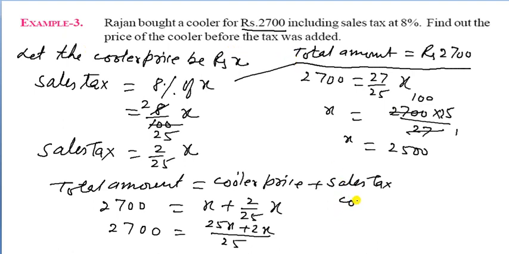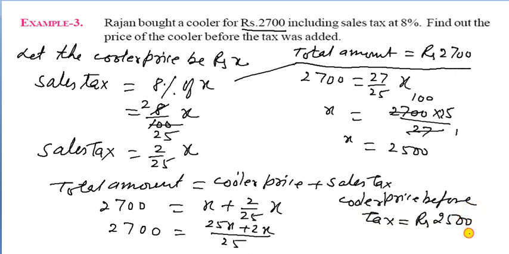So cooler price before tax is equal to rupees 2500. So that one is your answer. I think you would understand. आप लोग समझ गए होंगे.